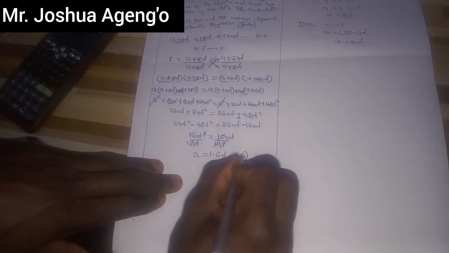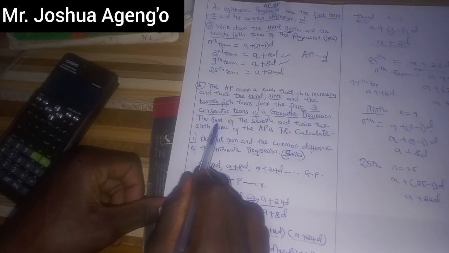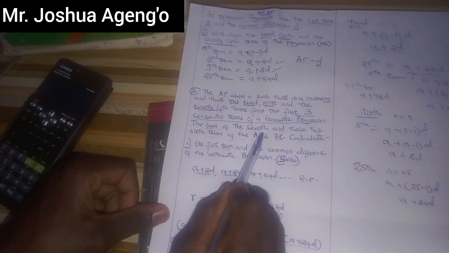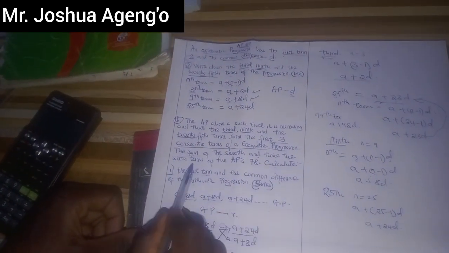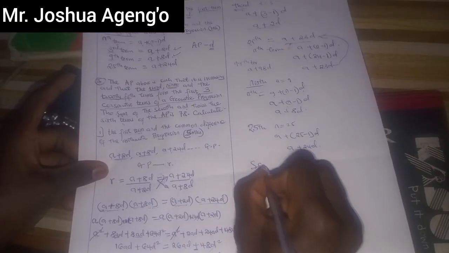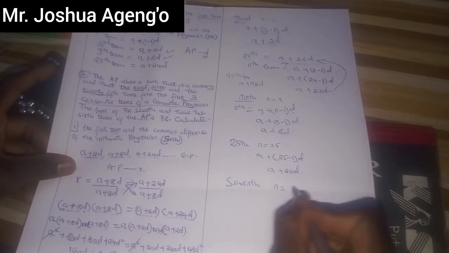That is equation 1. Let us now embark on the question. The question also says that the sum, meaning if I add, sum means addition, the sum of the 7th and twice the 6th terms of the AP. Very, very important. The 7th term here means that n will be equal to 7.